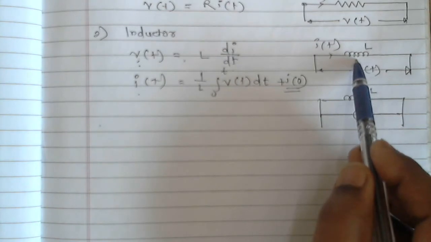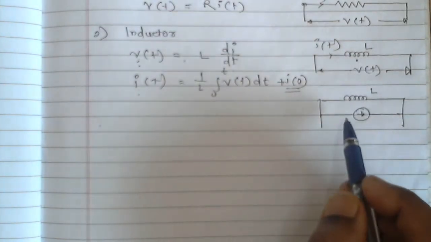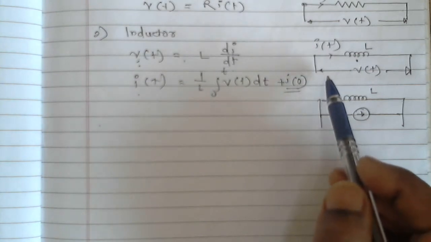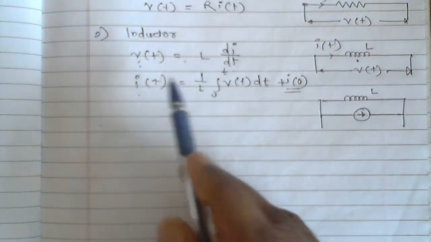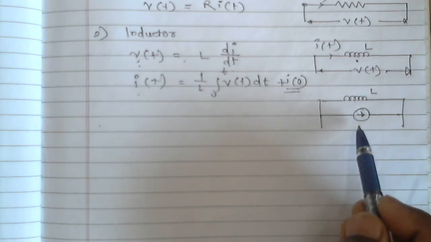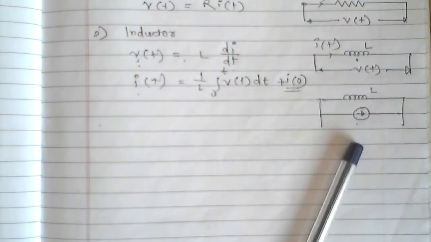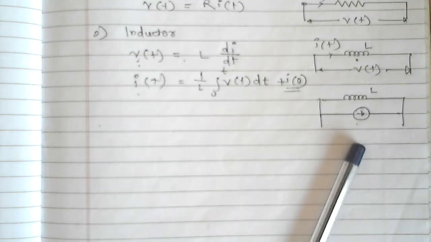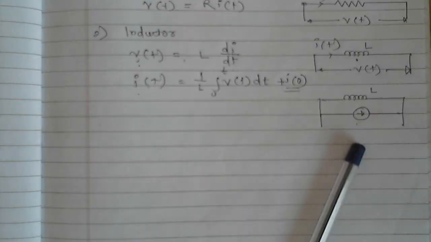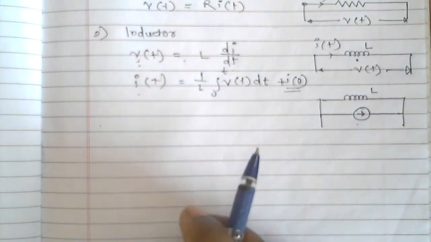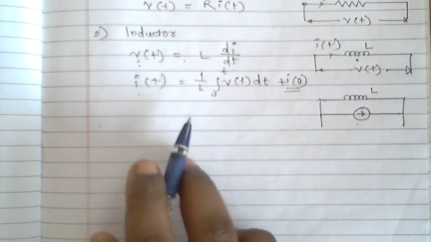So if this is an inductor and it had some energy stored in it, then at a particular time it will act as an inductor plus stored energy, which it will pass to the circuit. This is how we can write the equation for current.